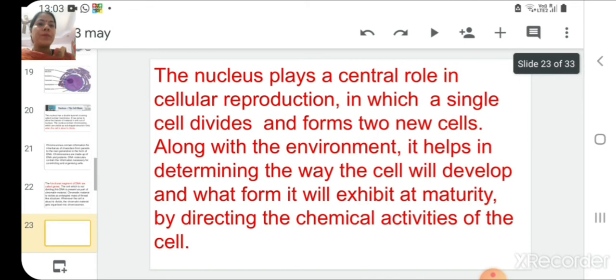The nucleus plays a central role in cellular reproduction, in which a single cell divides and forms two new cells. Along with the environment, it helps in determining the way the cell will develop and what form it will exhibit at maturity by directing the chemical activities of the cell. Children, this nucleus is a very, very important part of the cell because it helps in cellular reproduction.